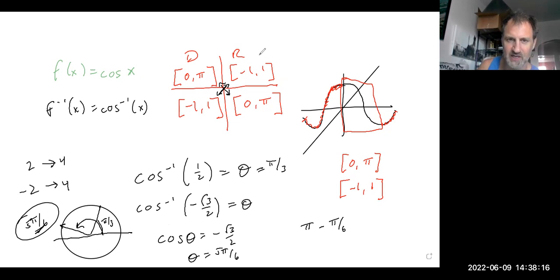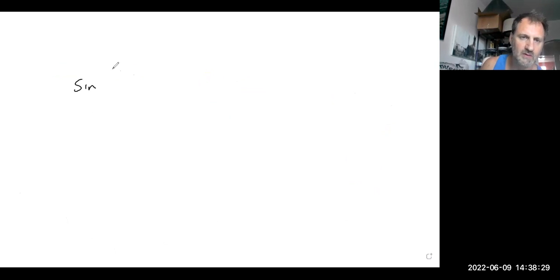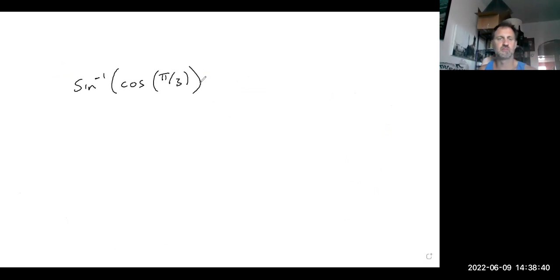I can make them more complicated by doing things like, I'm just going to erase all this. What is the inverse sine of the cosine of pi thirds? So now I've got two layers.